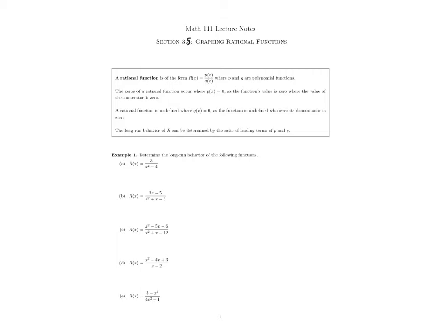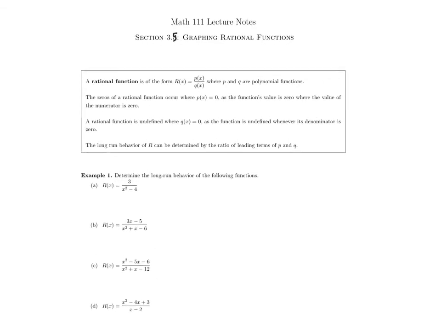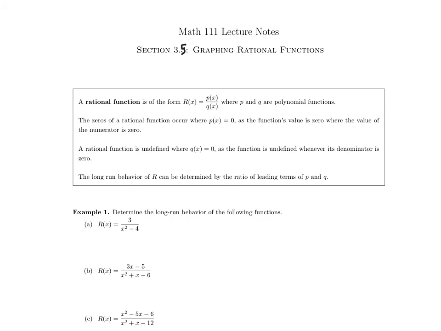So this first paragraph right here is talking about rational functions, the p of x over q of x, and we are looking for, let's see. The zeros of a rational function occur when p of x is equal to 0. Remember, that's going to be our numerator. That is, the function's value is 0 where the value of the numerator is 0.